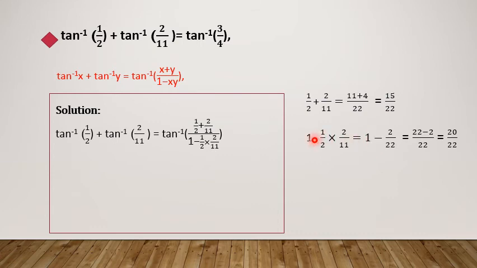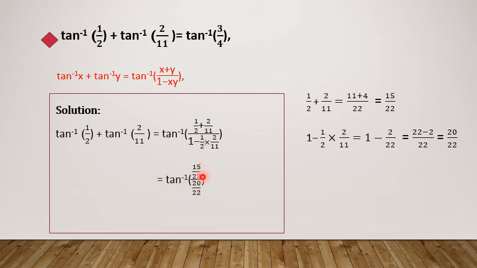Similarly, 1 minus 1 by 2 into 2 by 11 is calculated. Here multiplication is given, so we can just multiply the numerator and the denominator. Also by subtracting, we get the answer as 20 by 22. Here we substitute 15 by 22 instead of this numerator and 20 by 22 instead of this denominator.